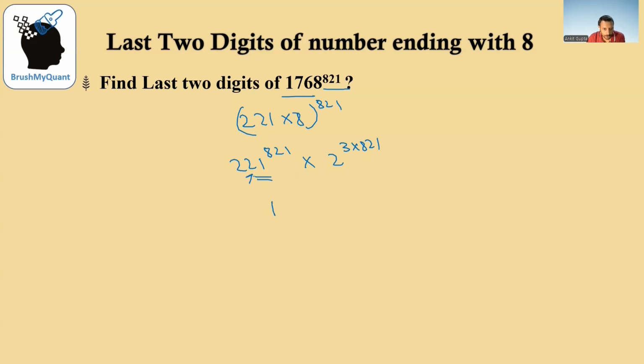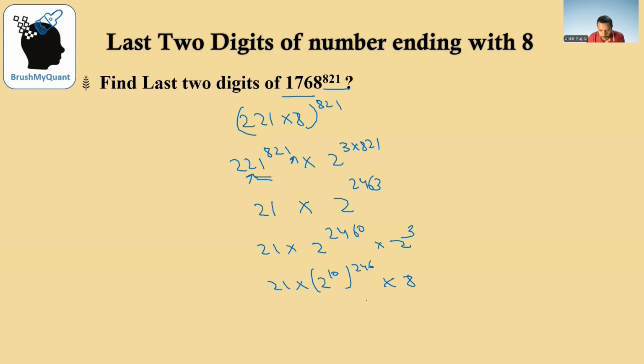And the tens digit will be 2 multiplied by 1, which will be equal to 2, multiplied by 2 raised to 2463. So this can be written as 2 raised to 2460, multiplied by 2 cube. So this becomes 2 raised to 10 whole raised to 246, multiplied by 8, 21 multiplied by this.